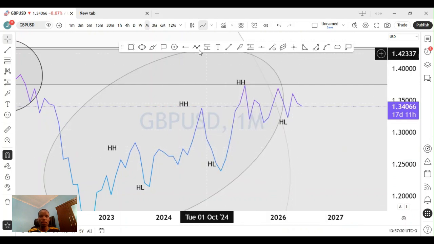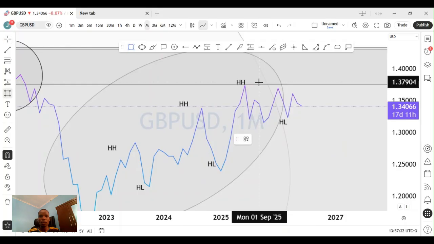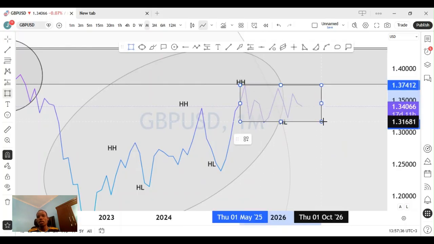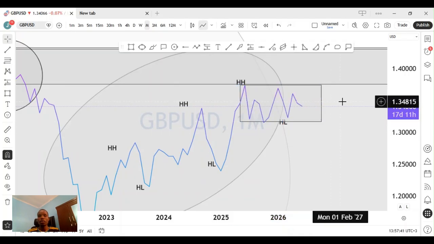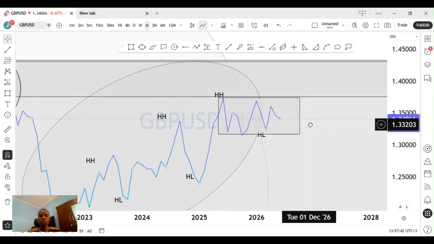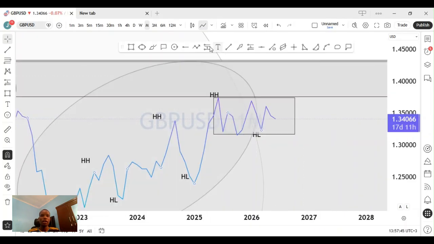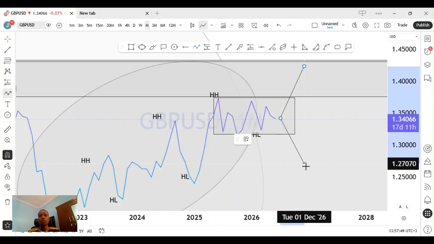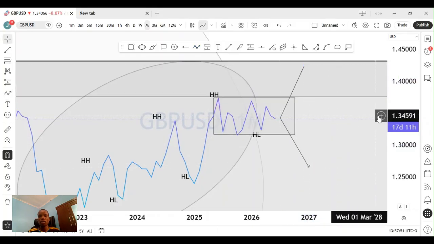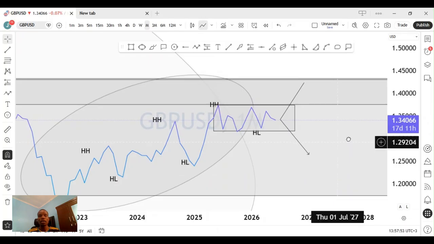Always when the market is consolidating, there is a high probability of a reverse move, or we are mostly waiting for the breakout. That breakout can happen either above or below the consolidation area.